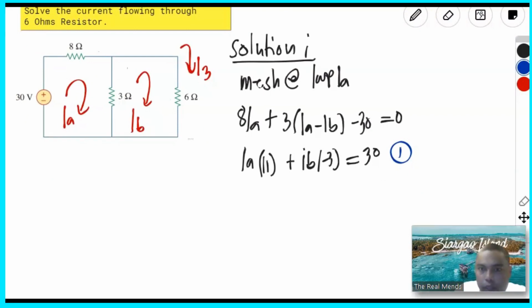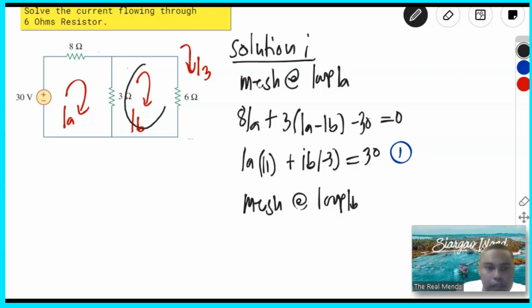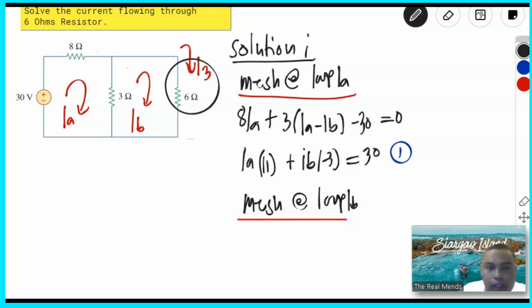And then after that, we can have mesh again at loop IB from this circuit. Okay, so to do that, the current flowing through the 6 ohms is the I3.